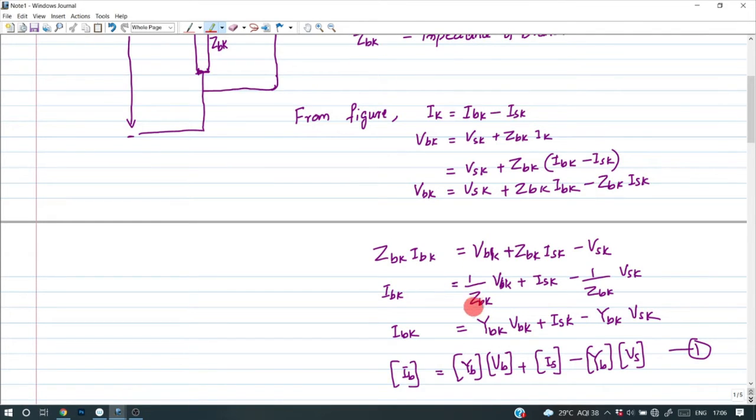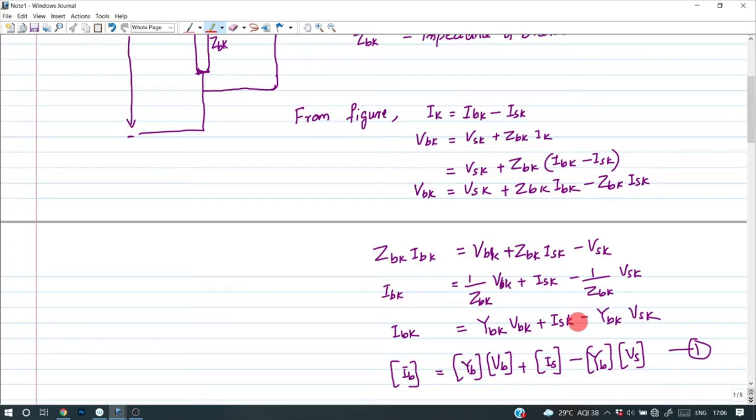Those equations we can express in matrix form like this. IB matrix, that is the branch current matrix, is equal to YB matrix, the branch admittance matrix, into VB matrix, the branch voltage matrix, plus IS, the source current matrix, minus YB into VS, where VS is the source voltage matrix. Let this be equation number 1.